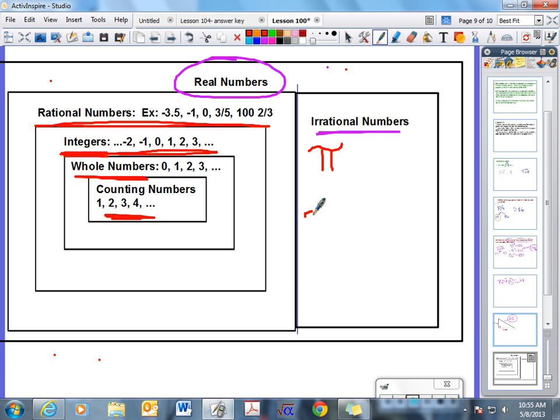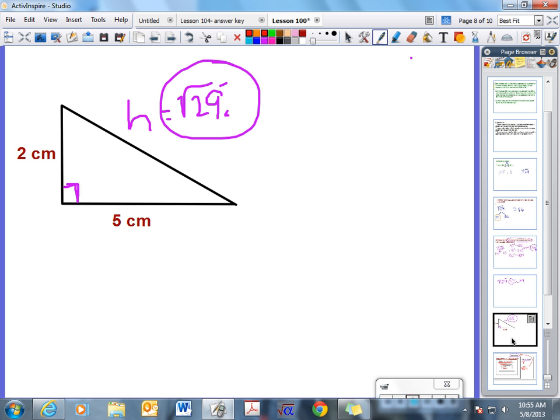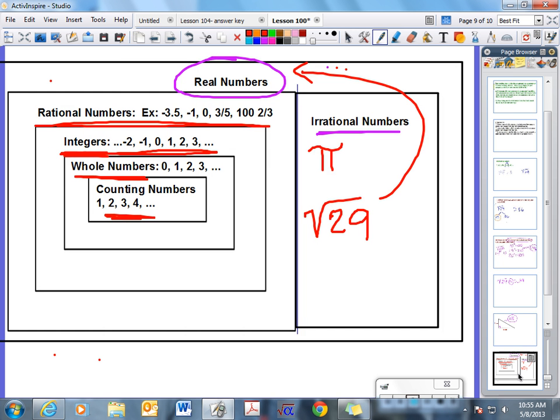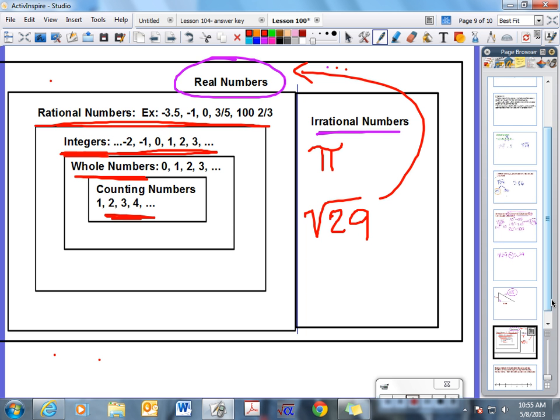Now we can add the square root of 29. If you have a number whose square root can never come out to a complete decimal, it would just keep going and going and going. That is called an irrational number. Again, we proved that it's a real number because we found it was the hypotenuse of this previous triangle. But it is not rational. It cannot be made into simply a fraction or a decimal.